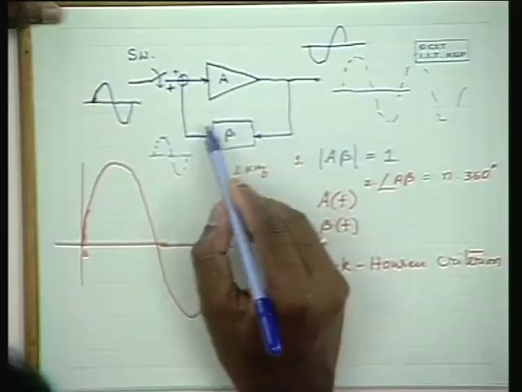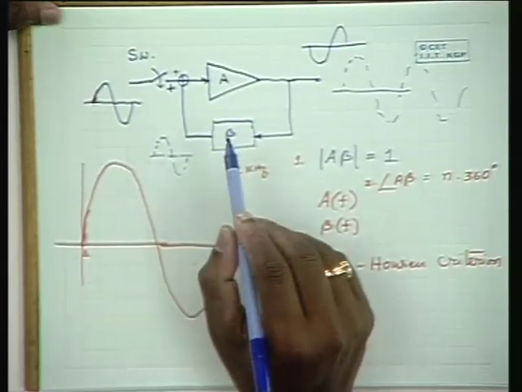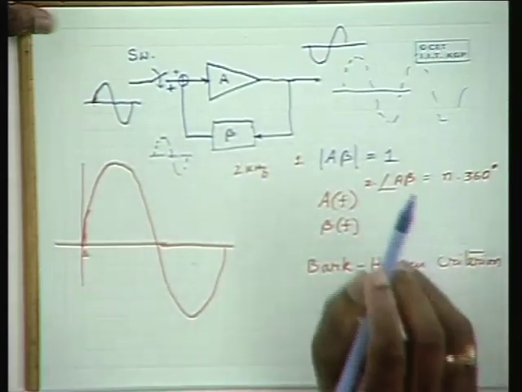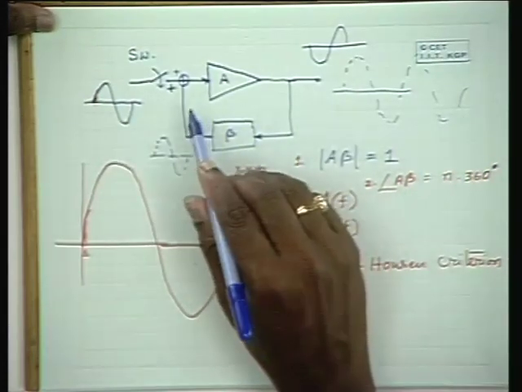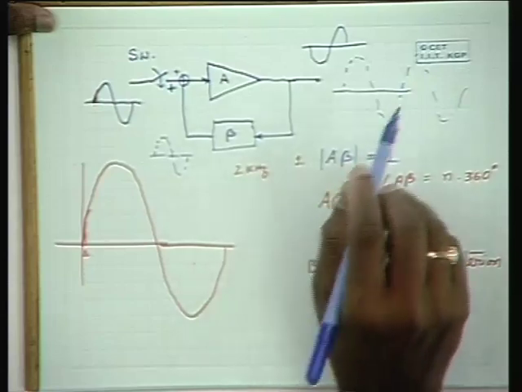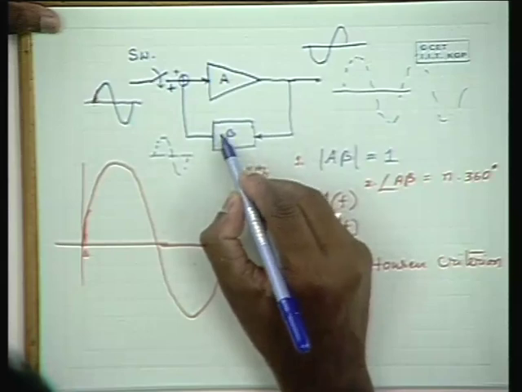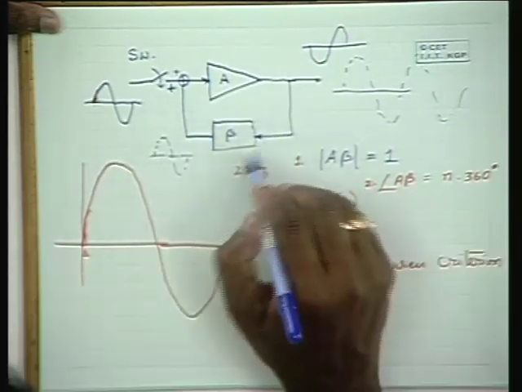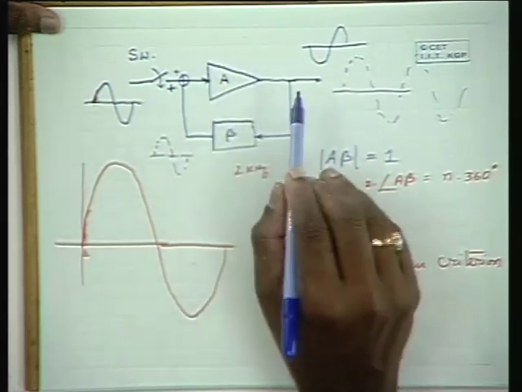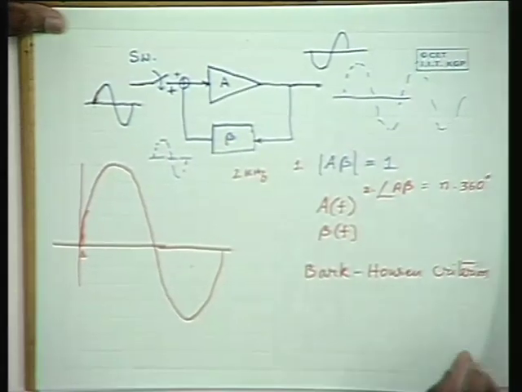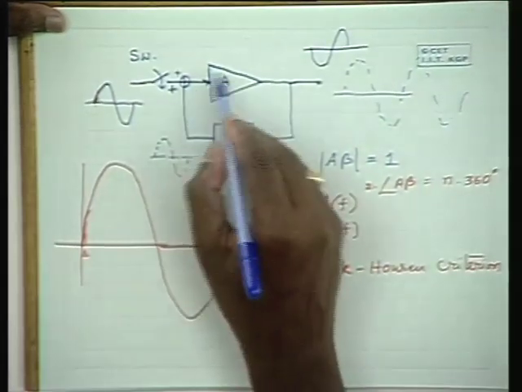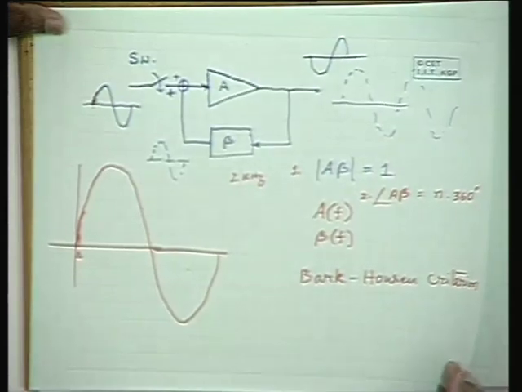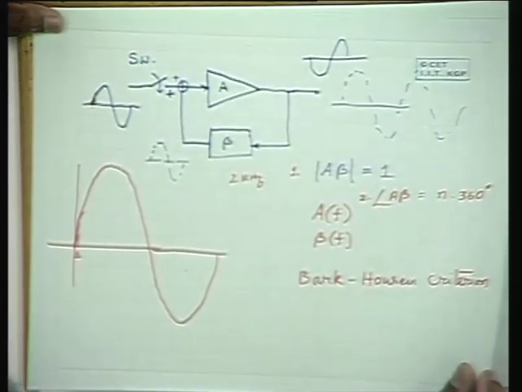Then you should design your feedback network such that it offers the remaining 180 degrees, so that the loop has a phase shift of 360 degrees. Hence, we go for a phase shifter network for the feedback path, and typically a common emitter kind of amplifier.